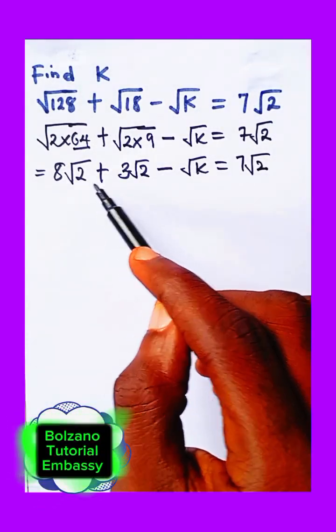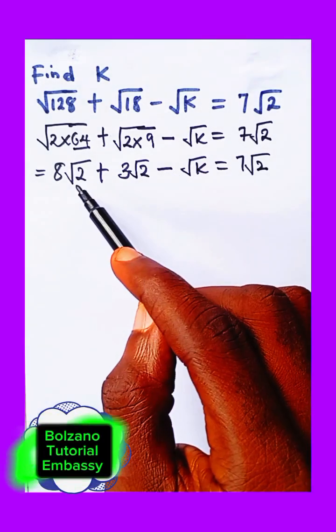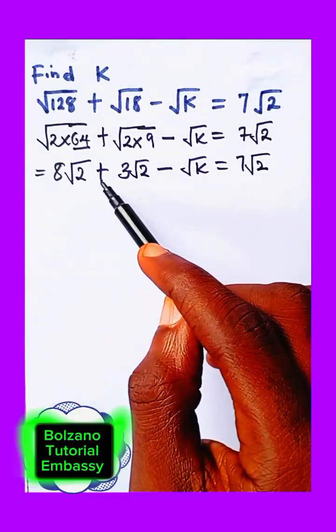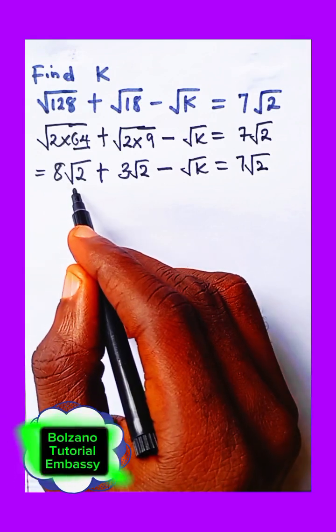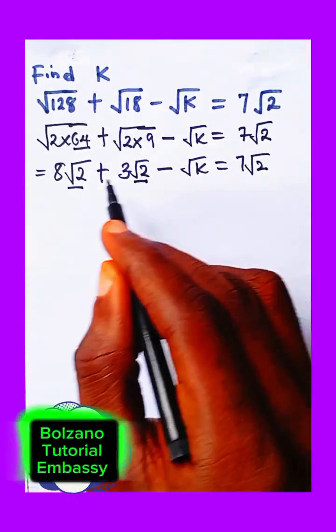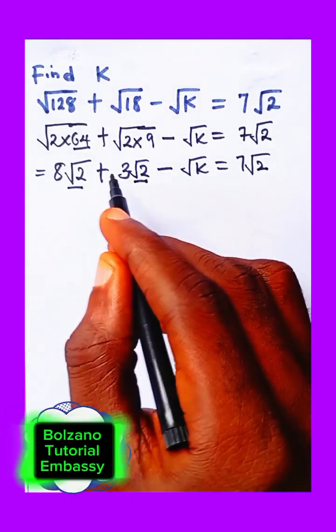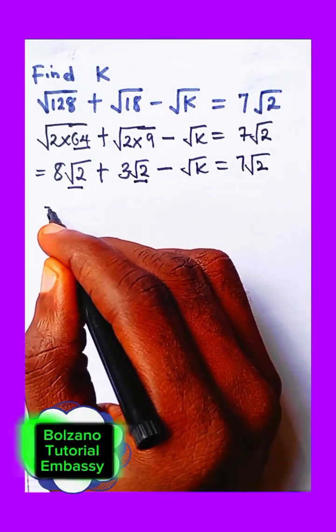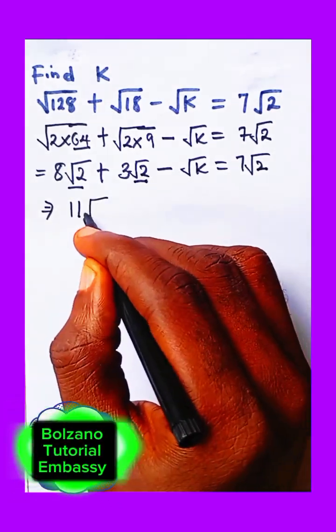Then the next thing we do is look at the terms where addition and subtraction are possible. Observe that the first term contains root 2 and this one also has root 2, which means the terms are like terms, so addition is possible. 8 plus 3 is 11, so we have 11 root 2.